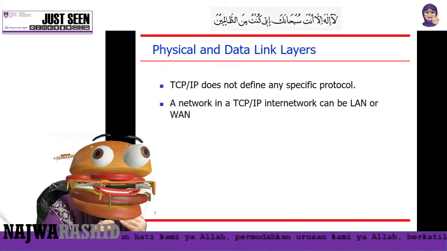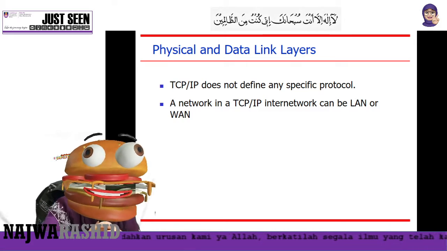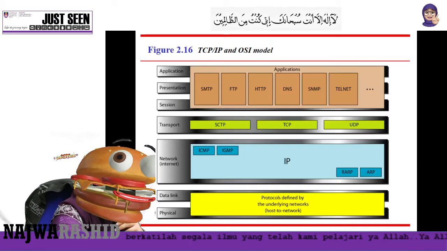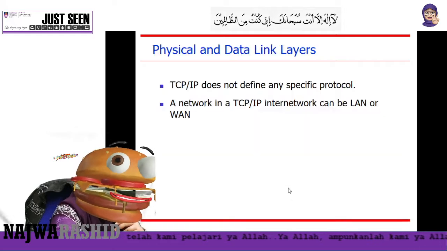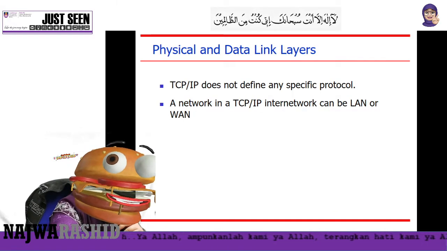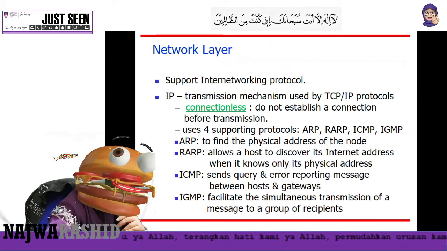At the physical and data link layers, TCP/IP does not define any specific protocol. You can look back at the figure, there is no specific protocol at these two layers. A network in a TCP/IP internet can be either a LAN or a WAN.